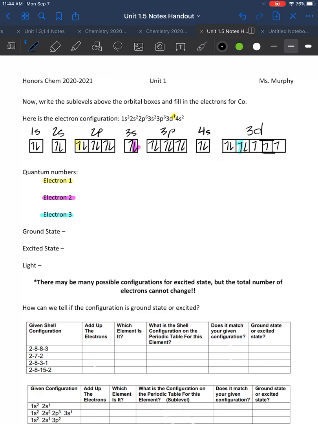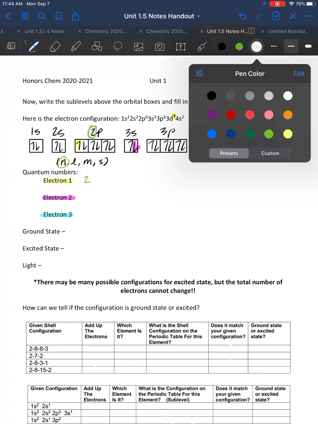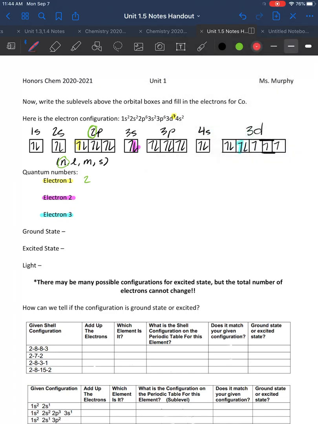All right, so if I'm writing the first one, remembering we are looking for our n, l, m, and s. So n, what is the principal energy level? In our case, n is just the number in front of our sublevel. So n is equal to 2. Next, we have l. l is just n minus 1, so 2 minus 1 is 1.